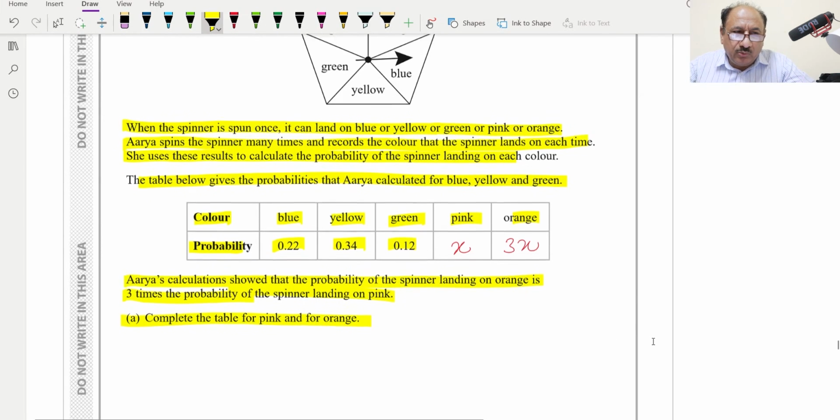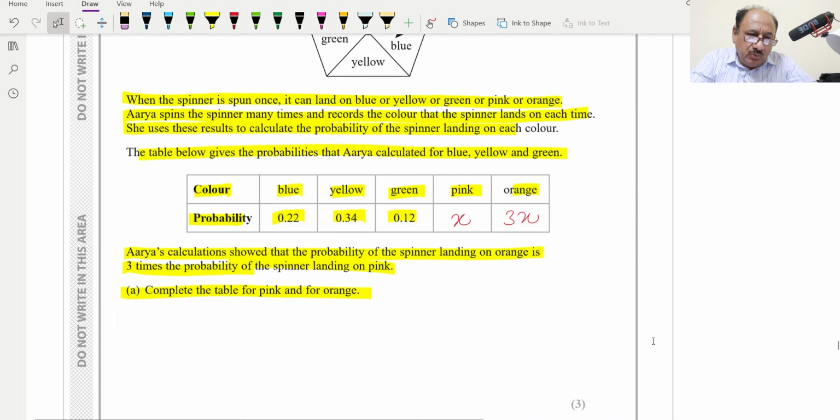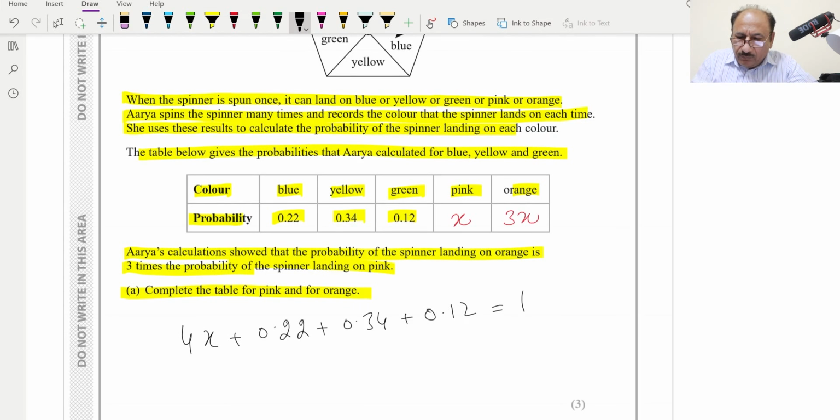So our equation will be, you know that the probabilities add up to 1. If we add 3x plus x, that will be 4x. So we'll write 4x plus 0.22 plus 0.34 plus 0.12 should add up to 1. So we'll shift everything to the other side.